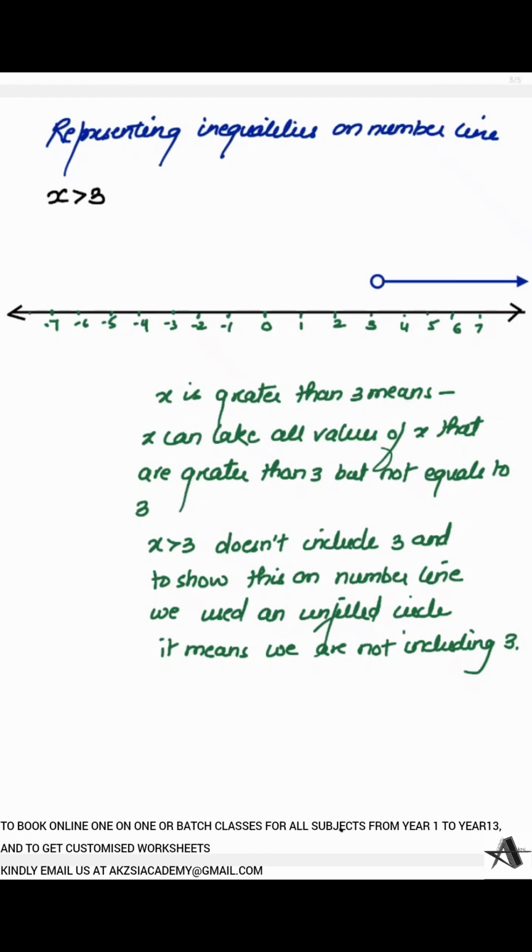Let me show the representation of another inequality, which is x greater than or equal to 3. So here there is an equals-to sign. The only difference is that x is still greater than 3, but here we are including 3, and to represent it on a number line we have to use a filled circle.